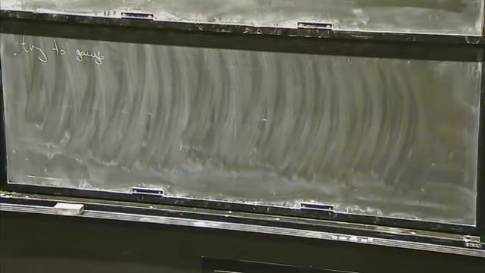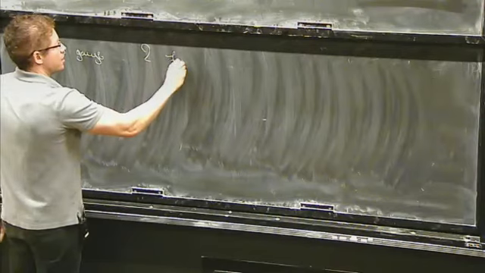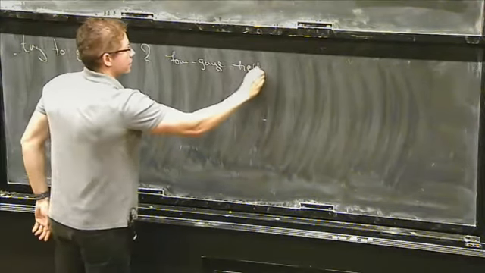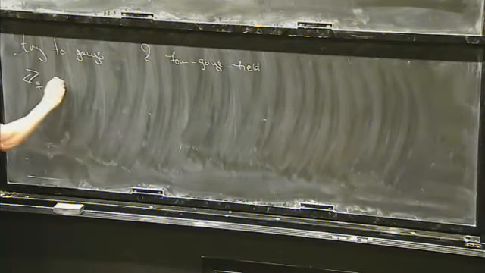For one-form symmetries, we try to gauge them by coupling them to a two-form gauge field. Now, if the underlying one-form symmetry is ZQ, the two-form gauge field has to be a ZQ two-form gauge field.